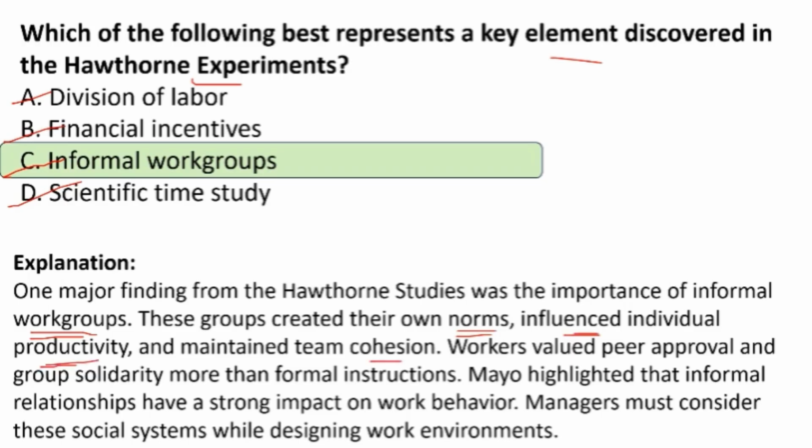Workers valued peer approval and group solidarity more than formal instructions, as I have told you. People feel more positive and more motivated with peer approval than with formal instructions. Clear? Mayo highlighted that informal relationships have a strong impact on work behavior, right?